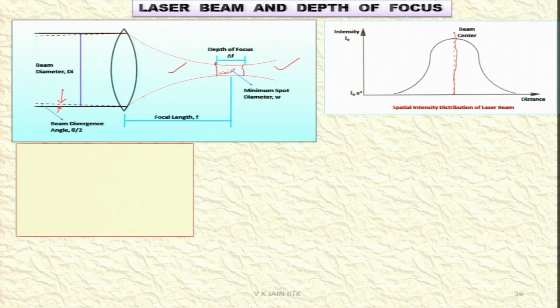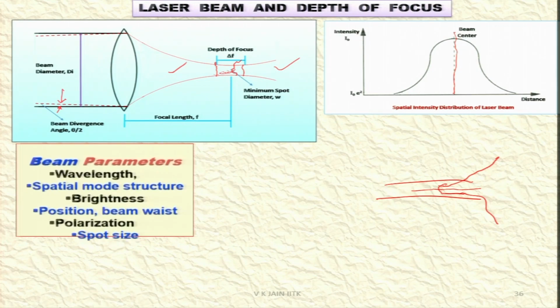So you can put it in this particular zone and you can find the intensity distribution like this, and then you have this kind of beam. Somewhere here at the center of the beam, you are going to get the maximum intensity, and on this side of the beam you are going to get comparatively lesser intensity.